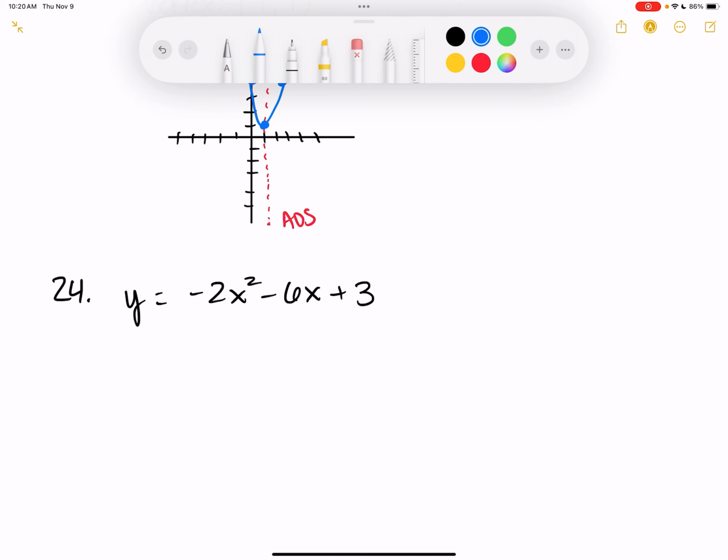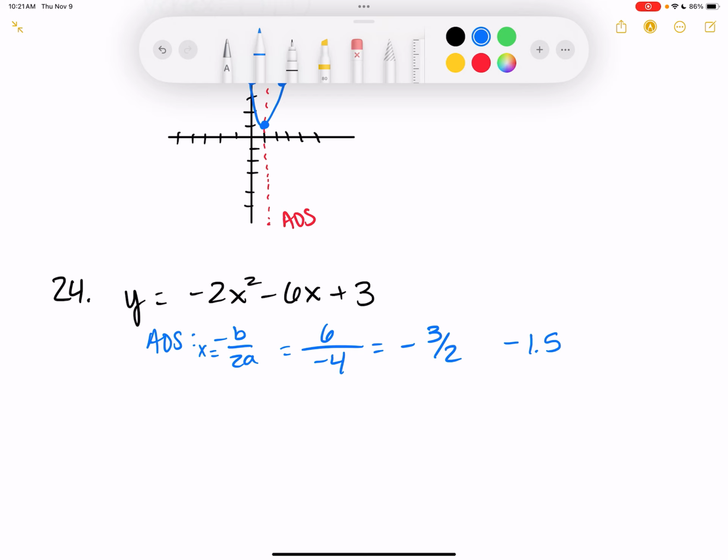So, axis of symmetry is at minus b over 2a. So, negative b is negative 6, so that's going to be positive 6, over 2 times a is negative 2, so this is going to be a negative 4, which gives me negative 3 halves, or if you prefer it as a decimal, negative 1.5.